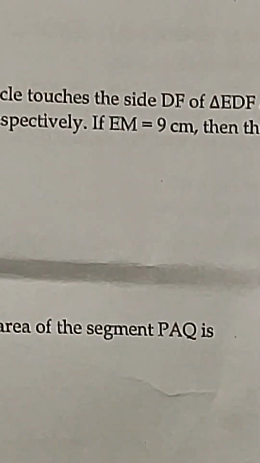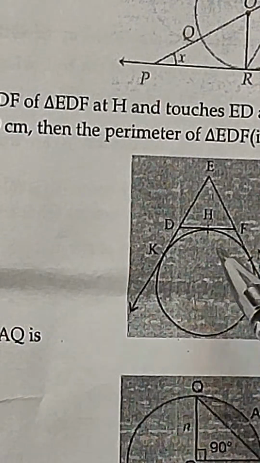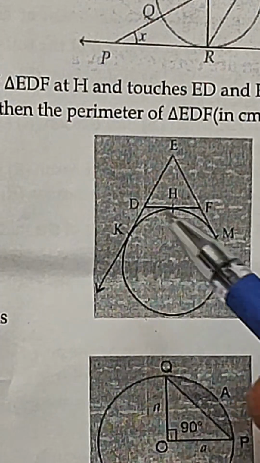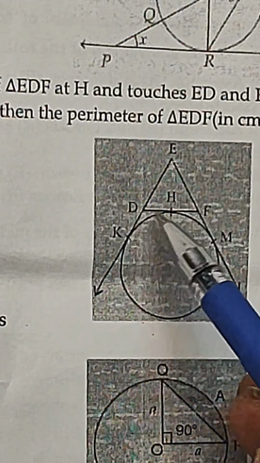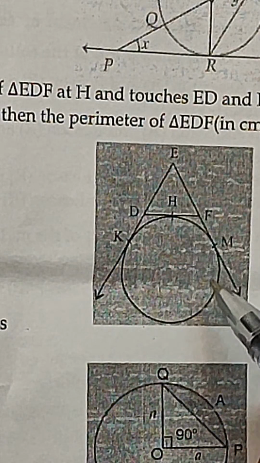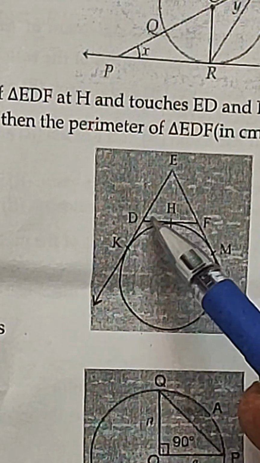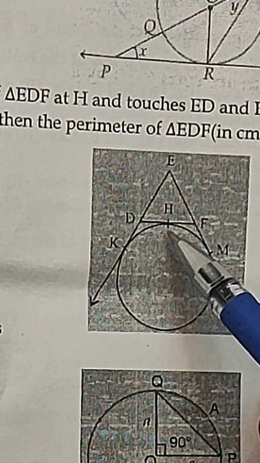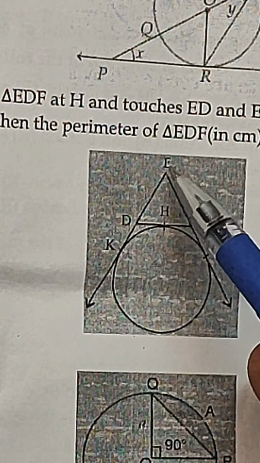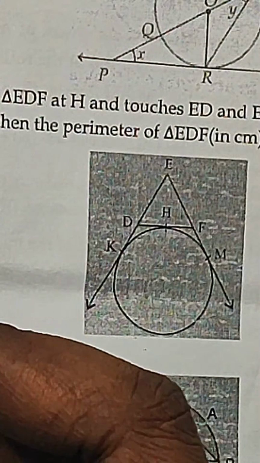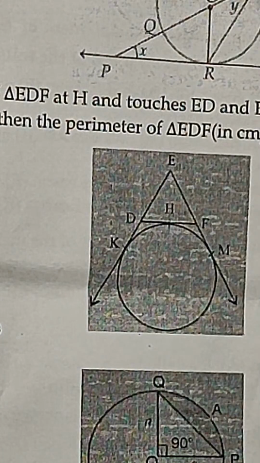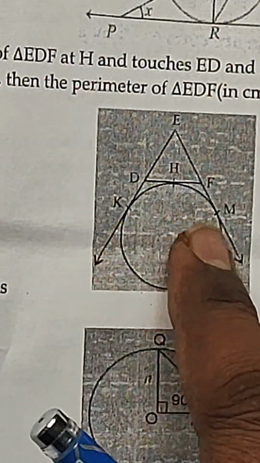So with this, here you can see this question. In the given figure, a circle touches the side DF at H, and touches ED and EF, produced at K and M respectively, of triangle EDF. So these are the points K and M where it is touching.